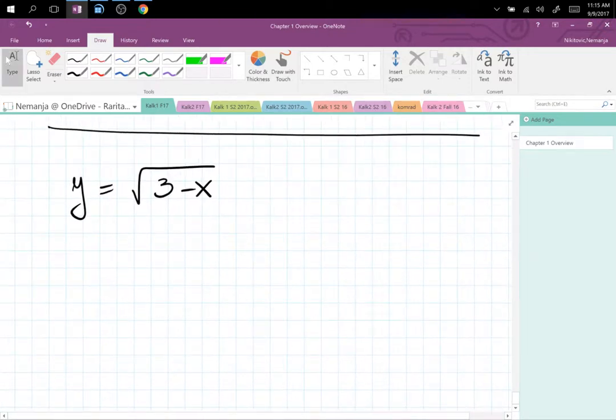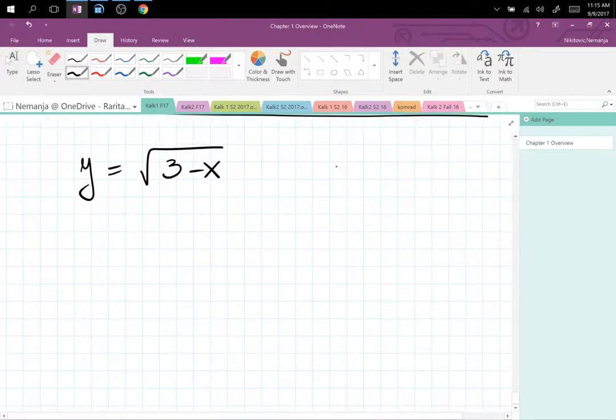Okay, what's the parent function here? Root x. Good. All right.